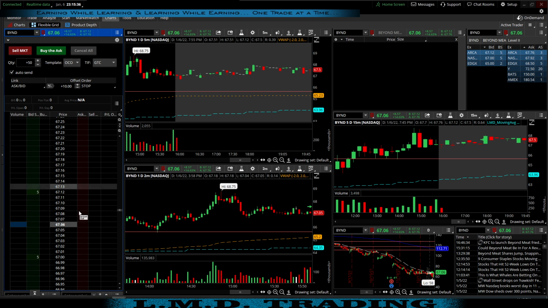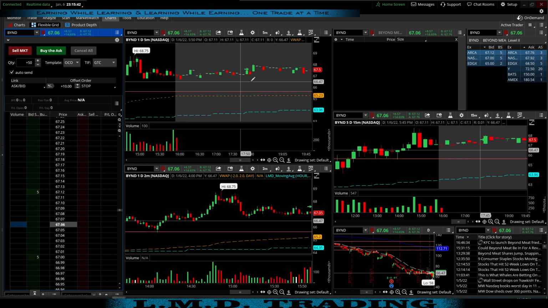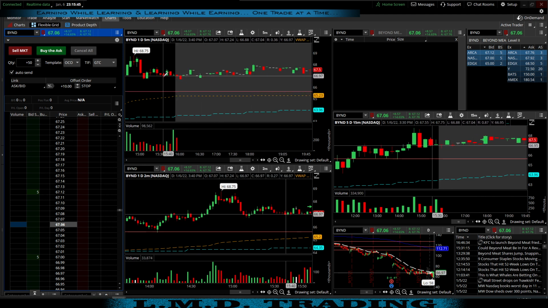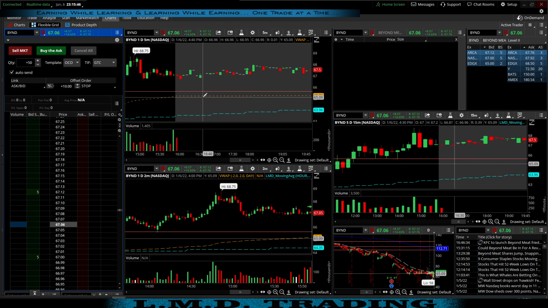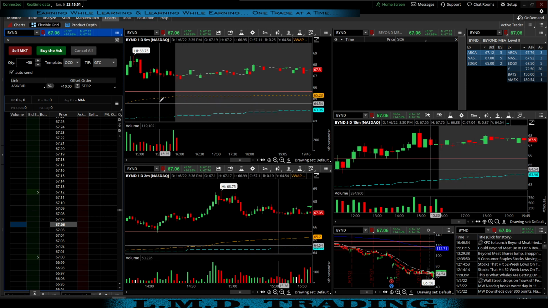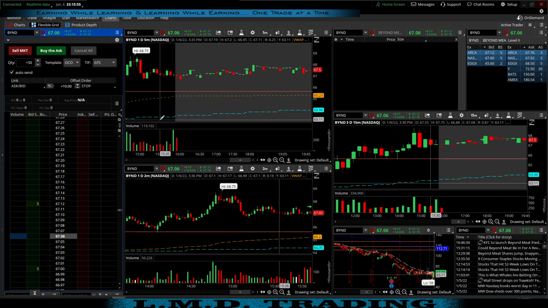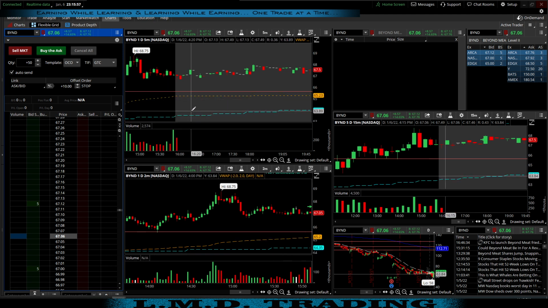But in my trading battle station, I have a 5-minute chart. It has the pre-market and after hours turned on. It has the VWAP, which on all my charts is real simple. If you see a gold broken line, that's VWAP. If you see a teal broken line, that's the 50-day exponential moving average.